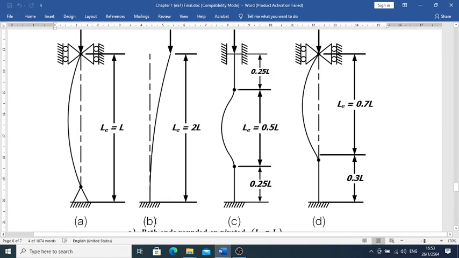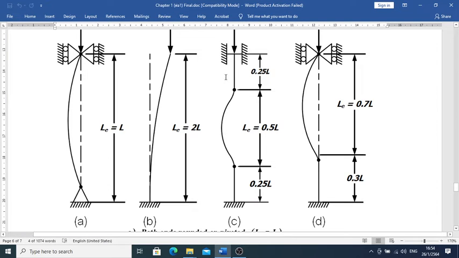And then in figure B, we fix one end, and the other end we just let it free all the way. The L sub E equal to 2L right there. And then in figure C, we fix both ends. So therefore, the L sub E equal to 0.5L.